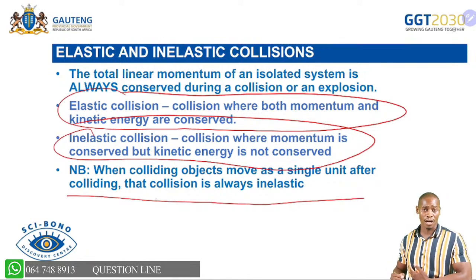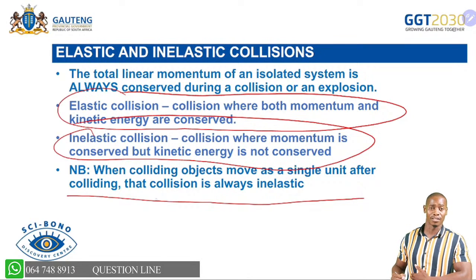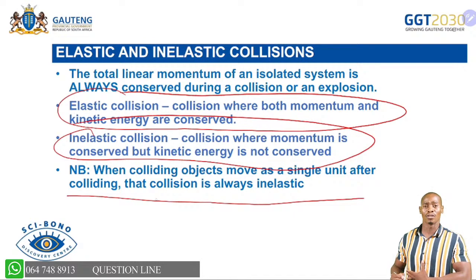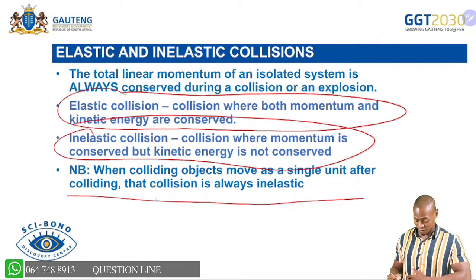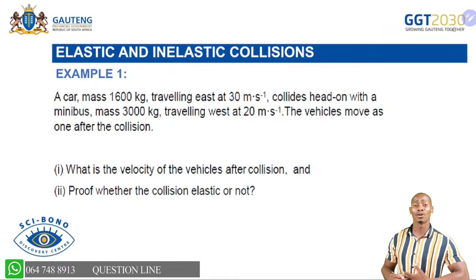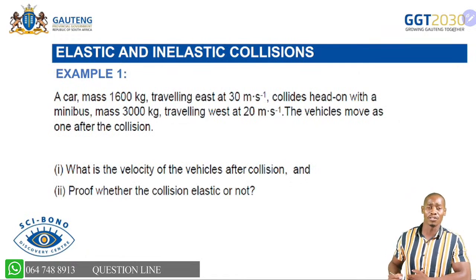So it's your scenario 2, according to our presentation, right? Scenario 2 where objects are moving as one after collision, but before collision, they're moving at different velocities. So that collision is always inelastic. That is very, very important. So learners, we can also prove by calculations whether the collision is elastic or inelastic.